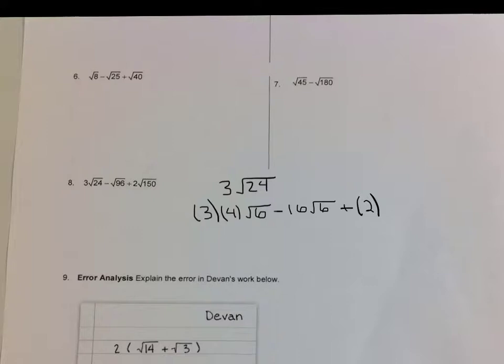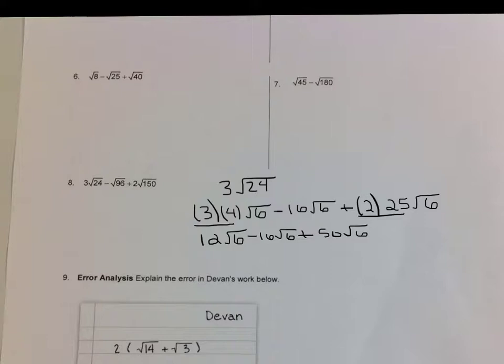A perfect square for 150 would be 25 times square root of 6. Now I'm going to combine 3 times 4 to get 12. I'm going to bring down my square root of 6 minus 16 square root of 6 plus 2 times 25, 50 square root of 6.